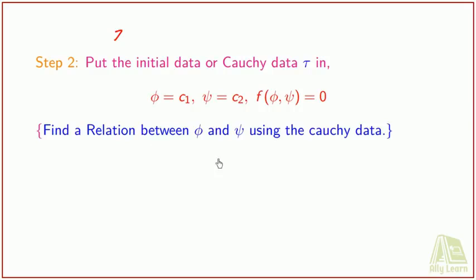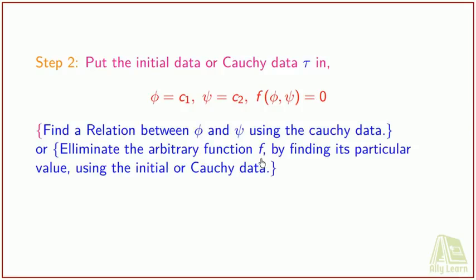So what we'll be doing, we will be finding a relation between phi and psi using the Cauchy data. What this will do is eliminate the arbitrary function f by finding its particular value using the initial or the Cauchy data. So, when we find a relation between phi and psi, that relation will be the same as the relation obtained by putting the Cauchy data in this expression and finding a particular value of f.